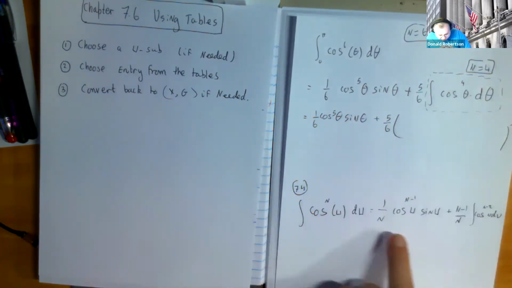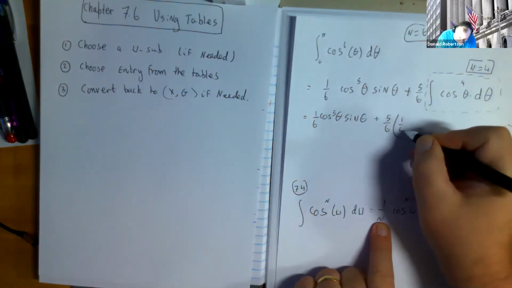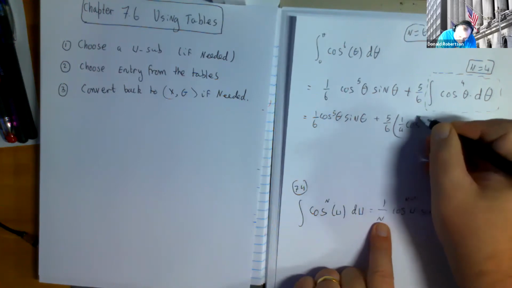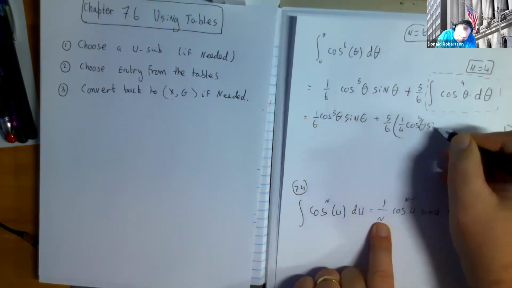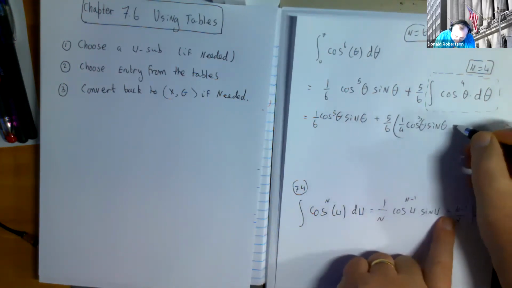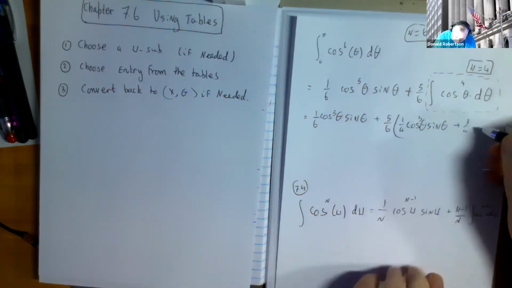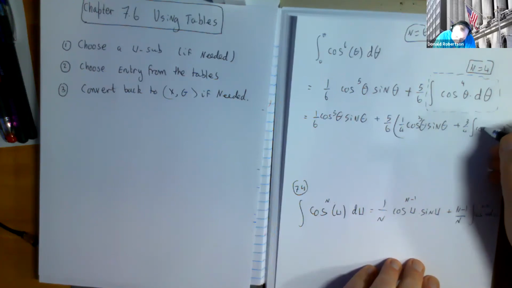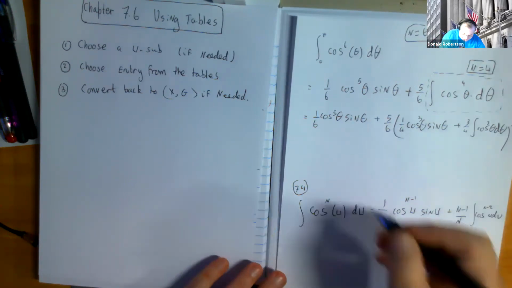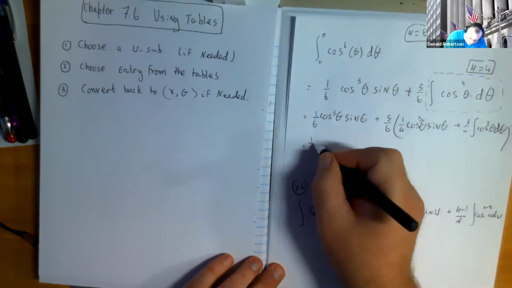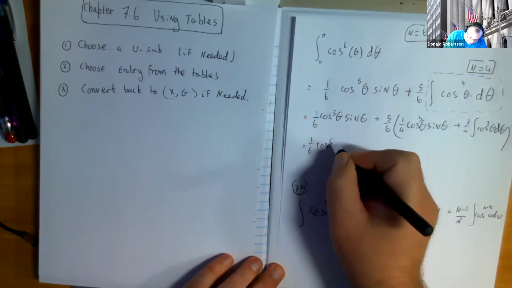And when you make it 4, you get 1/4 cosine cubed theta sine theta, plus when you make n 4, you get 3/4 the integral of cos squared theta d theta. And then I've got 1/6 of this guy.